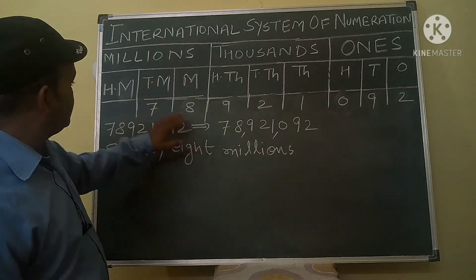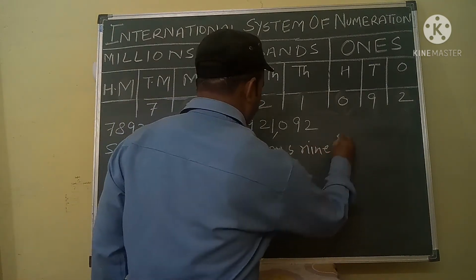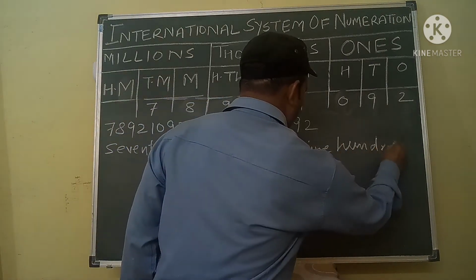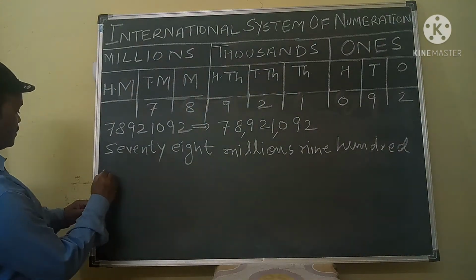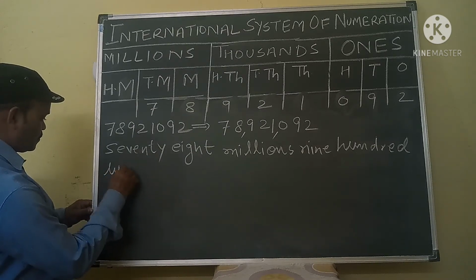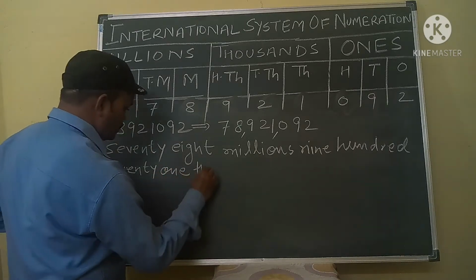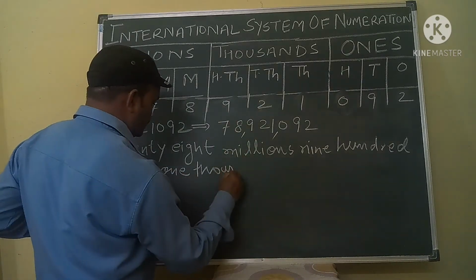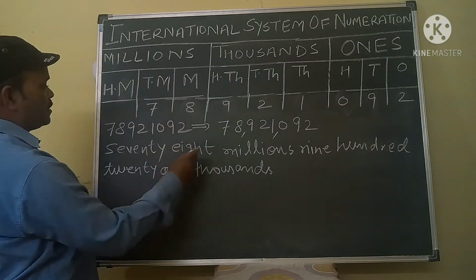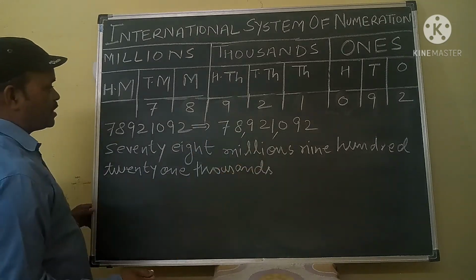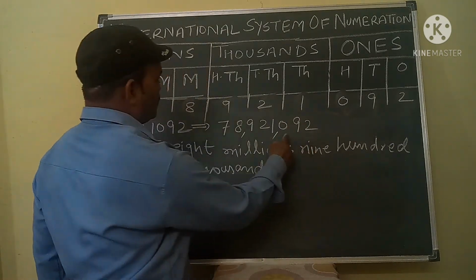So 78 millions 921 thousand. 092 means 92.